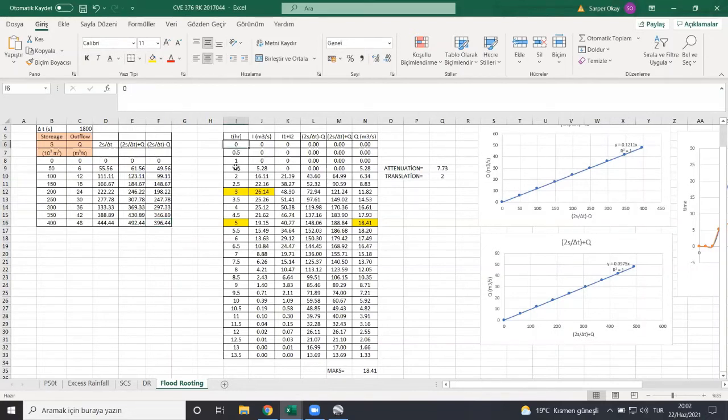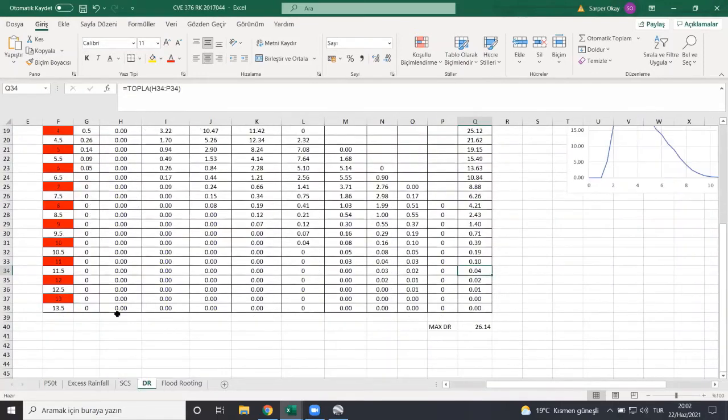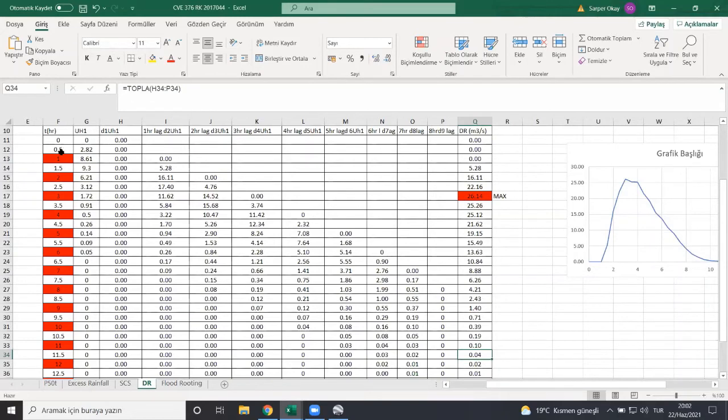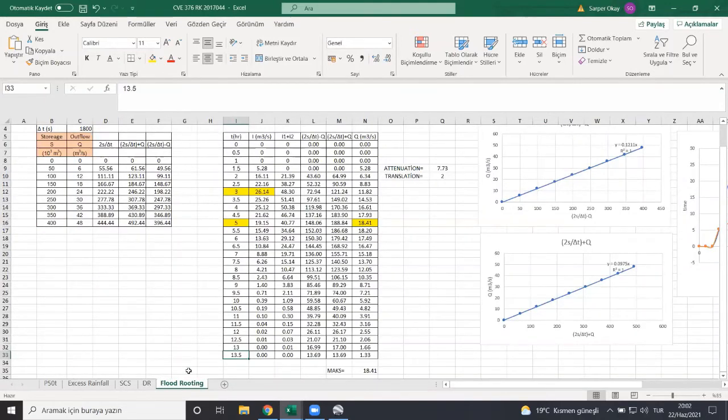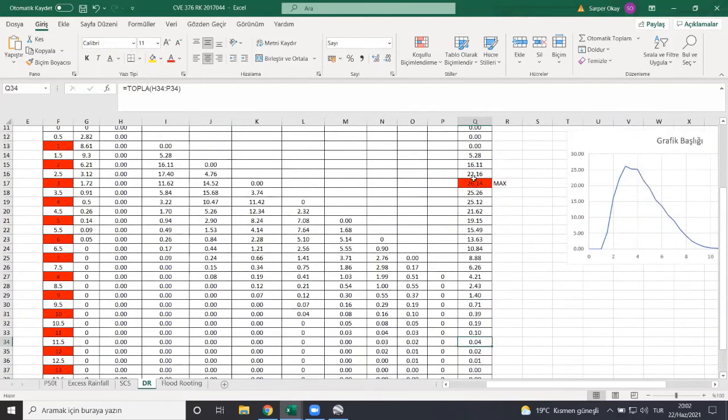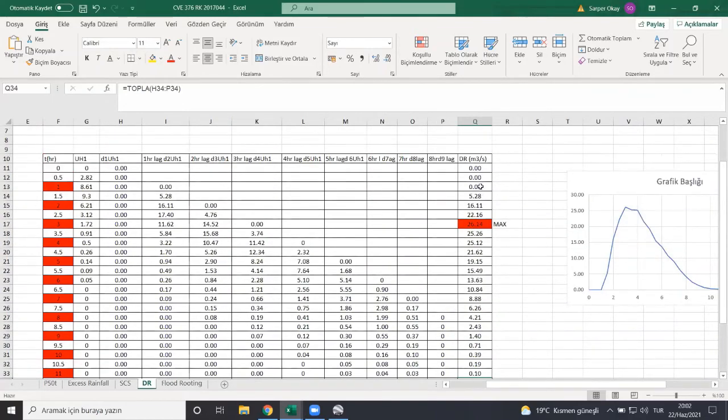You are taking these values from here. It starts from 0 in your direct runoff part, and it goes till 13.5. For your situation, it might be different according to your increment. As I said, these direct runoffs now will be your inflows.